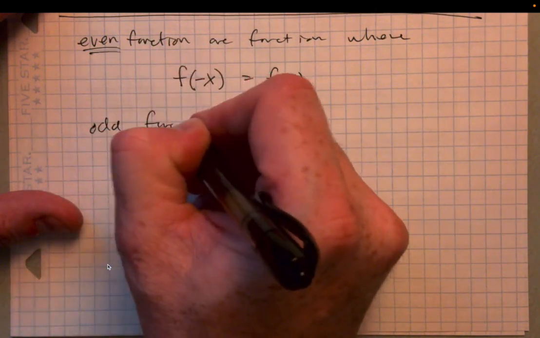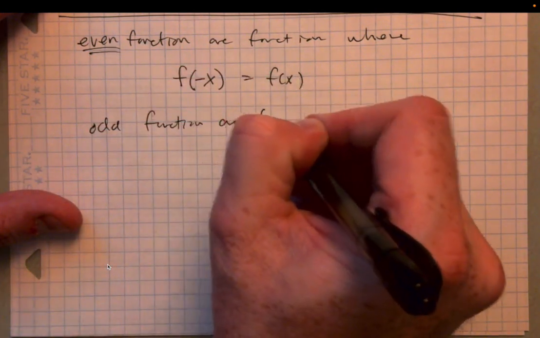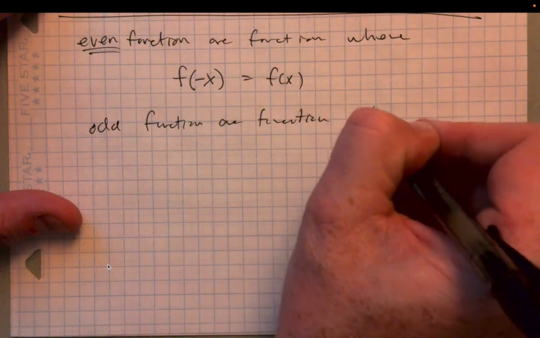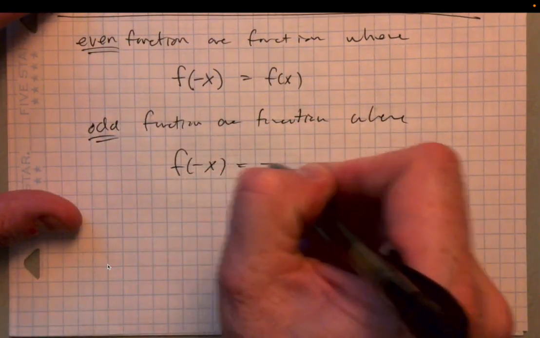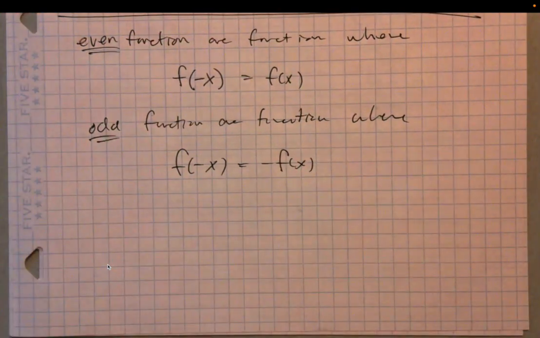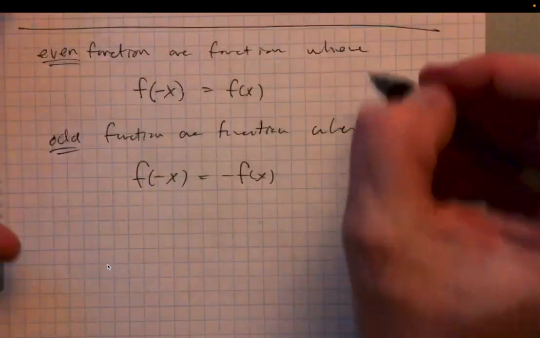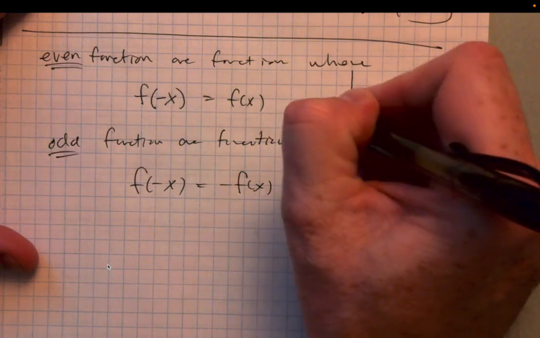Odd functions are functions where f of negative x equals negative f of x.